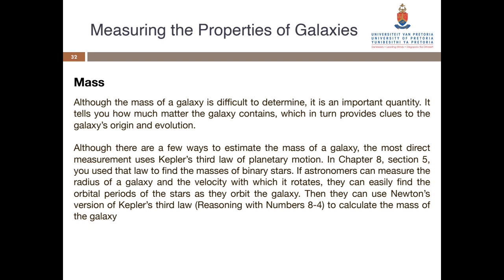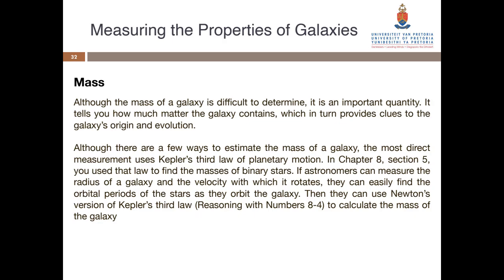So to find the mass of the galaxy is probably one of the most difficult things to do, but it's also a very, very important quantity of a galaxy that we need to find. Although there are few ways to estimate the mass of a galaxy, the most direct measurement uses Kepler's third law of planetary motion.